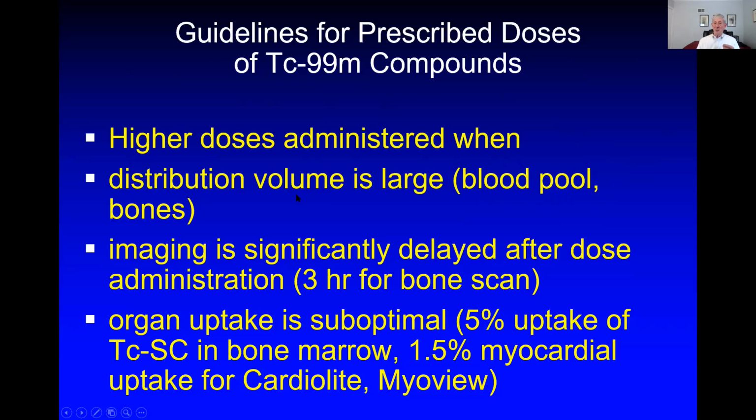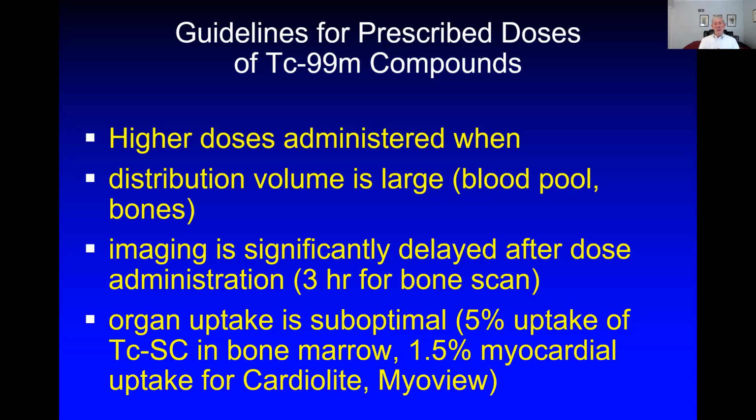And when you're looking at the heart, let's say you're doing a MUGA and you're watching the heartbeat and you're drawing a region of interest around a diastolic heart, what is the volume of blood in the heart compared to the blood pool? The volume of a diastolic heart is probably maybe 100 to 120 milliliters compared to 5 liters.